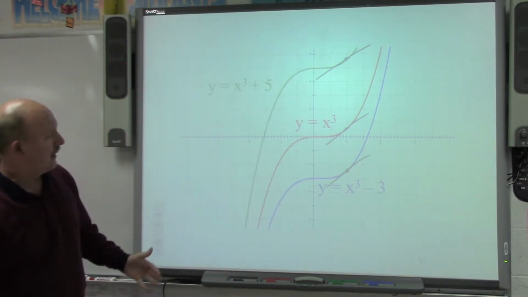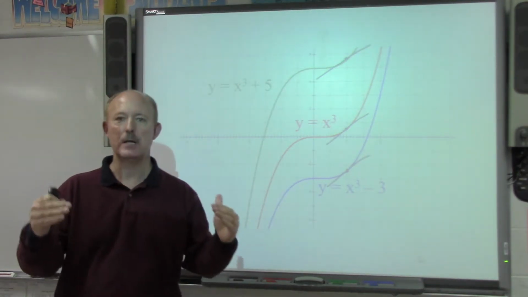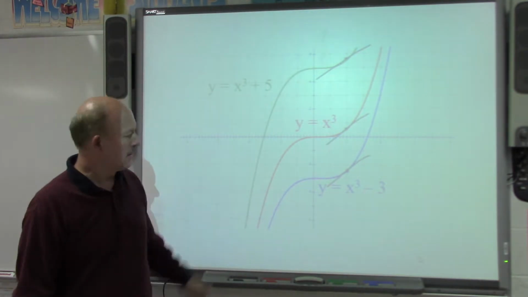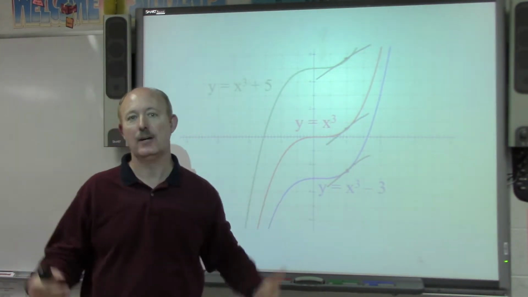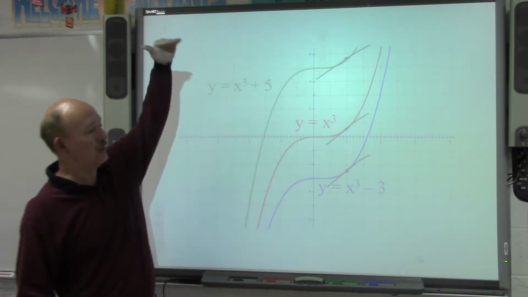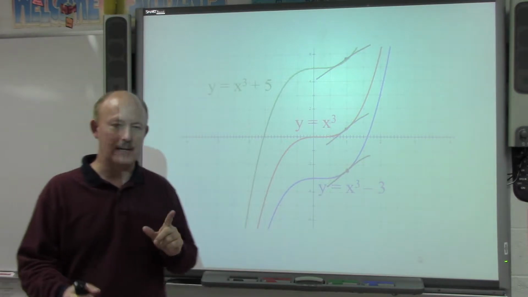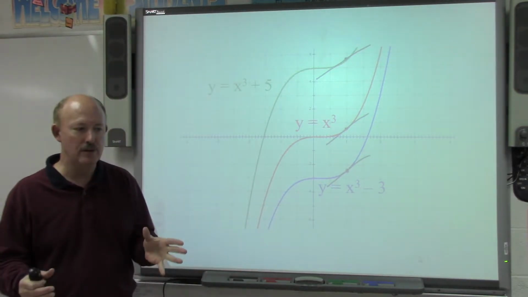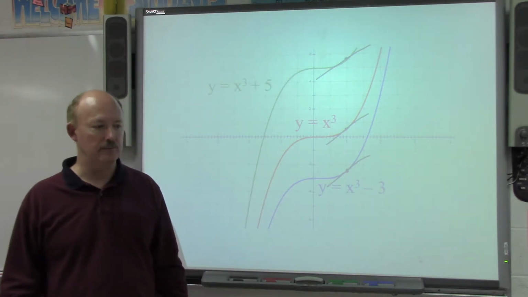Keep in mind, this is just 3 of the antiderivatives. There's an infinite number of antiderivatives. You can imagine this same curve crossing the y-axis at positive 100, even positive 1,000. So when you're getting the antiderivative, you're getting an expression that represents the entire family of antiderivatives.